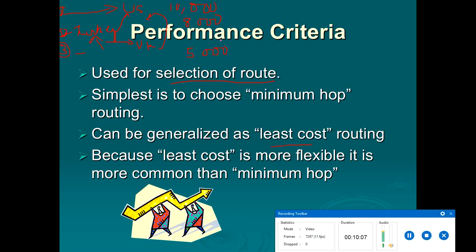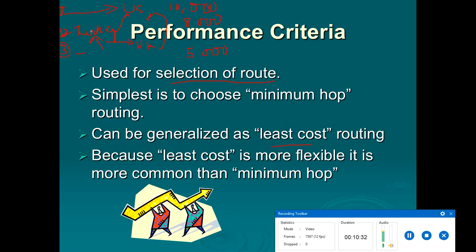Alright, now I have to select my criteria, whether to go with minimum number of hops or the least cost. Mostly least cost is preferable as compared to the minimum hop. So if you see over here in the first choice, I have a direct flight to US. I don't have to stop in between.